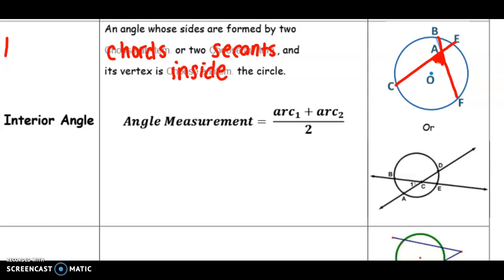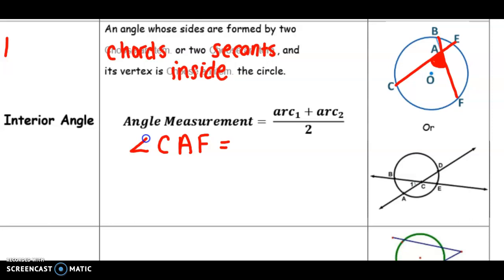To find its measurement, we would add the first arc plus the second arc divided by 2. To find the interior angle CAF, which is this angle right here, you will add arc 1 plus arc 2 divided by 2.